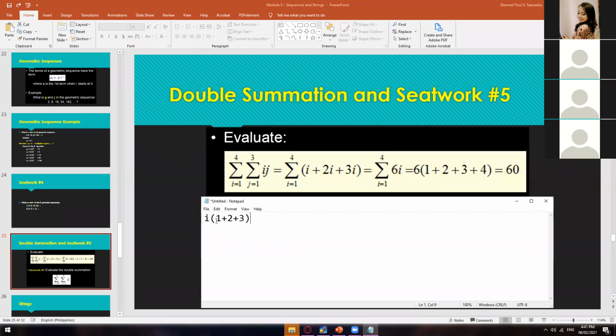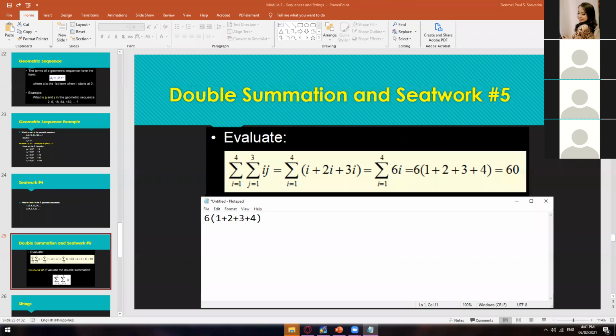Okay, and then the same pattern. So we have here the 6 and then the i. So again, what is your i? Those are your terms. And since we're using summation, it should be plus. So your i here now is 1 to 4. So 1 plus 2 plus 3 plus 4. And then just do the math.